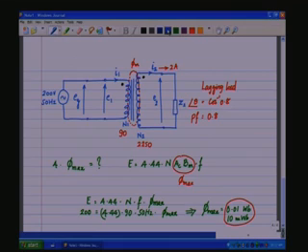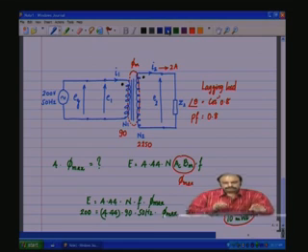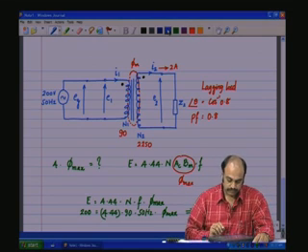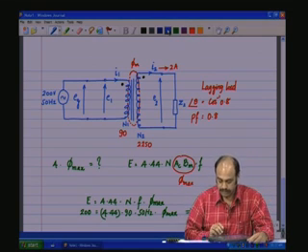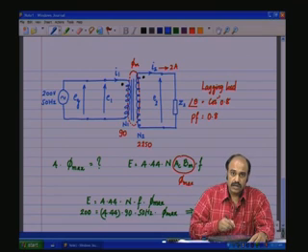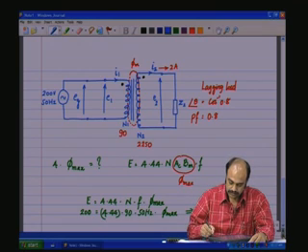So, like this we get the information about the transformer using basically the fundamental law, which is the Faraday's law of electromagnetism, and also one more law, which is the Ampere's law. Now, let us draw the phasor diagram for this circuit.